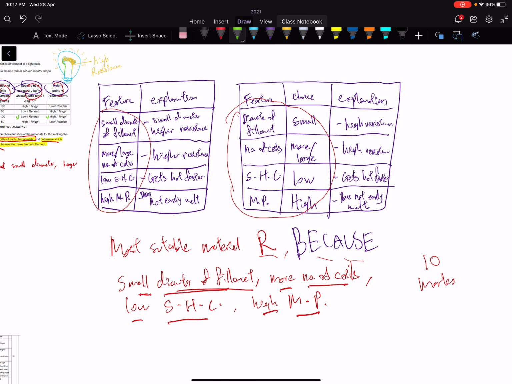Right, how they mark it is we have two parts of this: feature and explanation. So small diameter filament, we want it small. Okay, correct. So that is 1 mark. And if you get a proper reasoning or explanation, you also get correct. Same goes for the rest. All right.